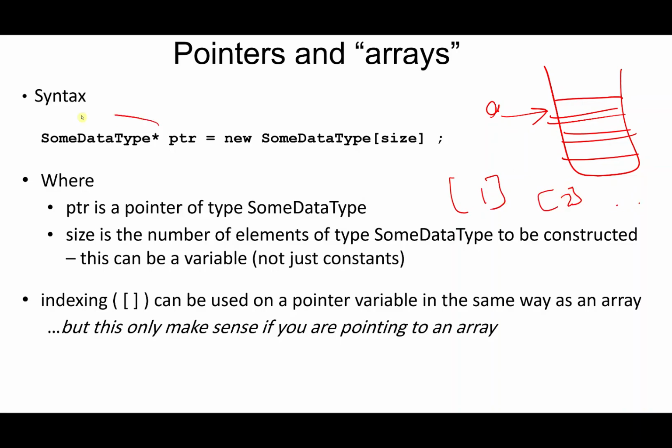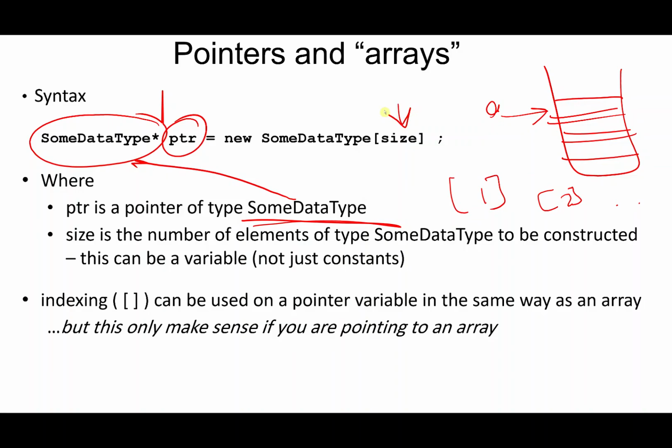Here, some data type is whether your array is going to be of type double, int, or whatever you want. So pdr is a pointer of type some data type, like this. You can replace this with double or anything you substitute. And size is the number of elements of the type some data type to be constructed, and that could be a variable, whether it's coming from user input, whatever that is.